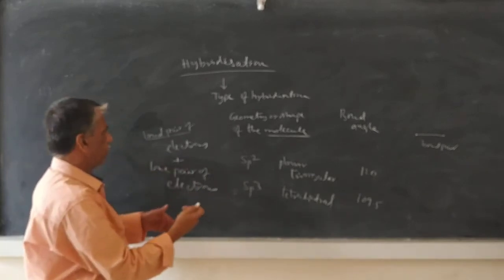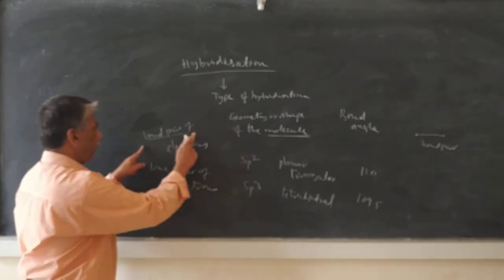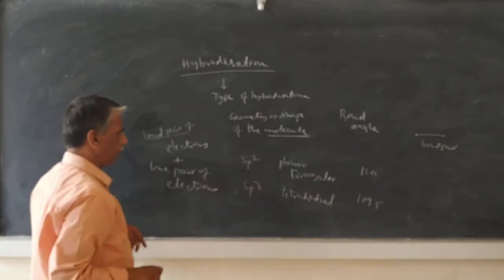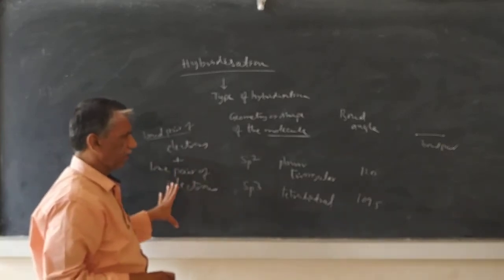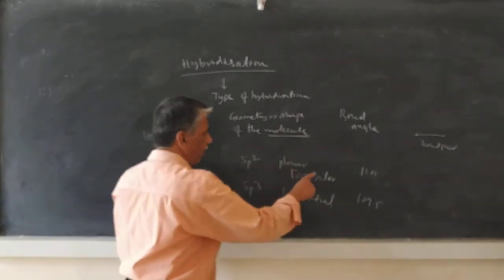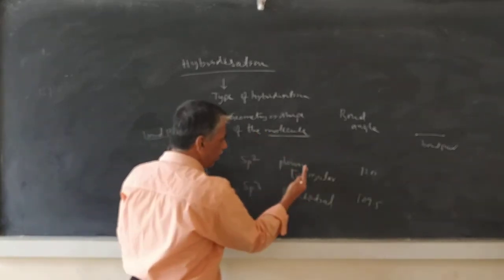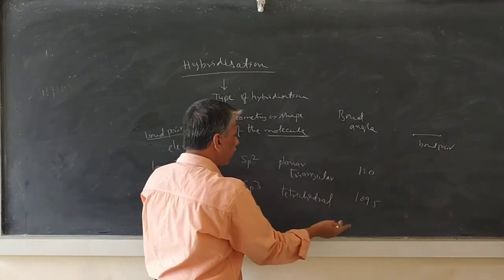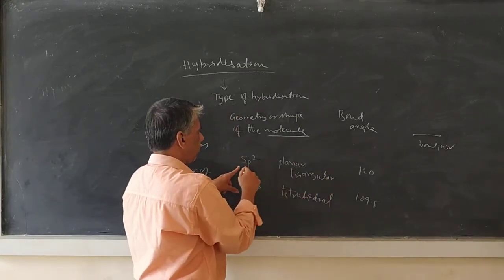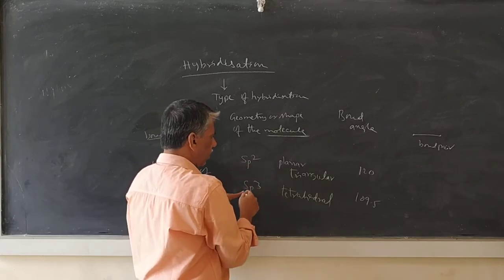There are both types of electrons: bond pair of electrons as well as lone pair of electrons. In such cases, the geometry is slightly disturbed. The bond angle is slightly decreased, even though the hybridization is sp2 or sp3.